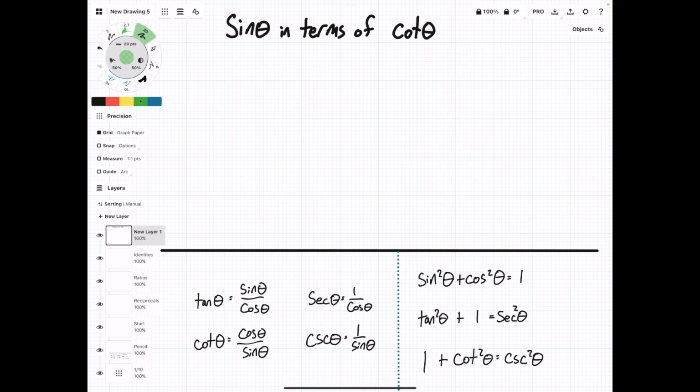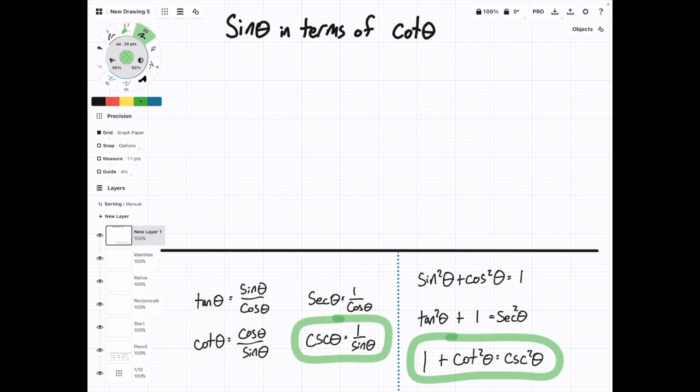The last item we need to solve for in the sine row is sine theta in terms of cotangent theta. And so for this one, we're going to use this identity, 1 plus cotangent squared equals cosecant squared. And then we're going to write cosecant in terms of sine using this one. And I believe that's all we need. So let's start off with the first identity, 1 plus cotangent squared theta equals cosecant squared theta. Then we're going to rewrite cosecant in terms of sine.